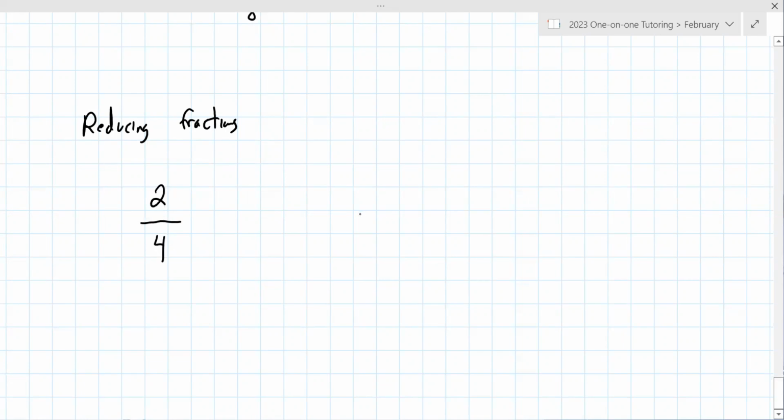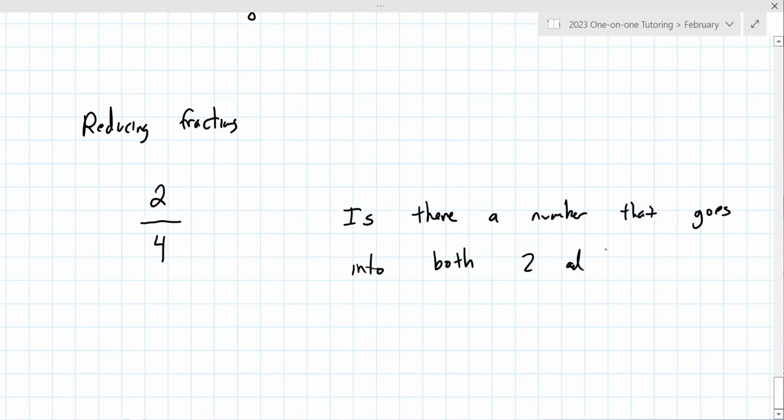Okay, my question to you is, is there a number that goes into both 2 and 4? Basically, is there a number that divides both of these? Yes. What is that number?